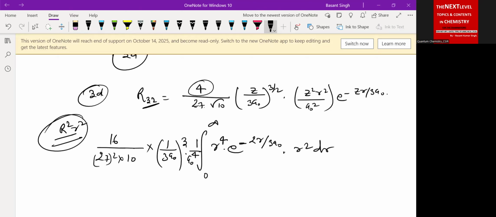So from 0 to infinity, and I have to prove that this is equal to 1. Then this is a sufficient expression for the radial probability distribution function.